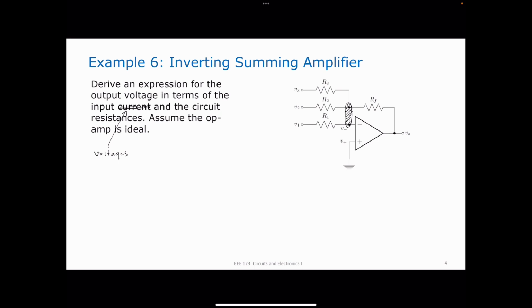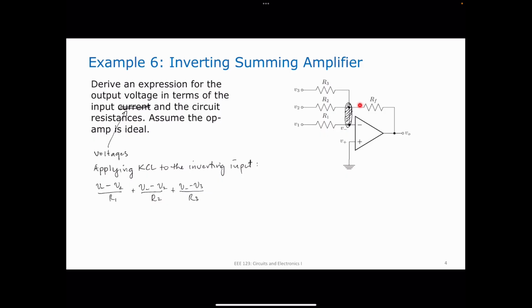So applying KCL to the inverting input, I'm going to have (V minus V1) over R1 plus (V minus V2) over R2 plus (V minus V3) over R3. So those are the currents flowing from right to left here: the first term, the second term, the third term.